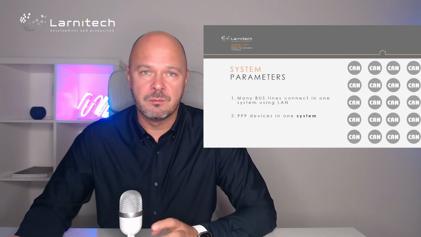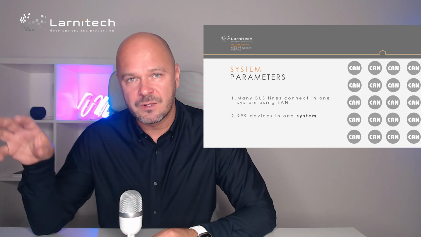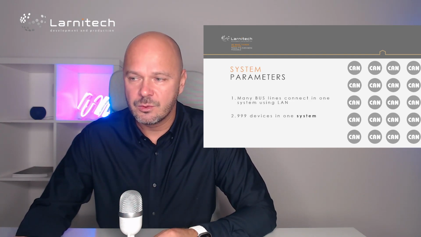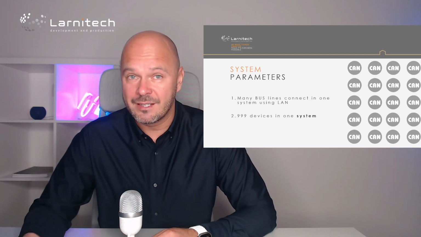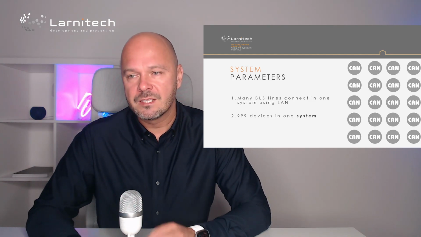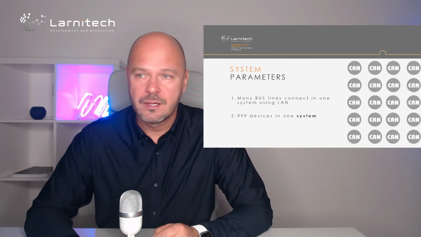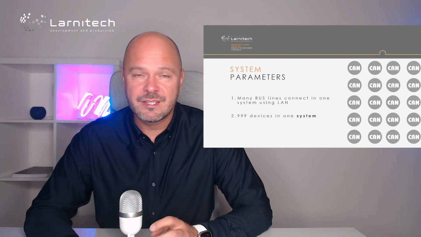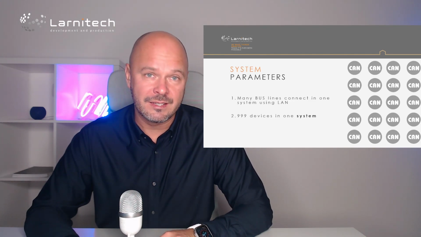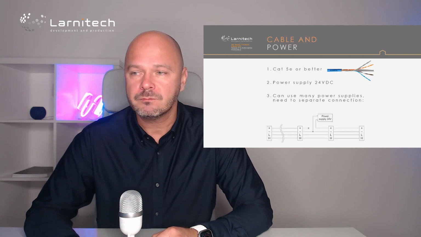If you need even more, you will need to connect different systems together, but that will be something like a smart city, and you will use a different kind of software for this. And this is still possible. So quite big systems, even up to maybe stadiums or big buildings, we can connect in one Larnitech home automation.